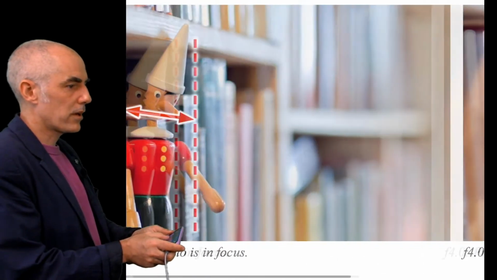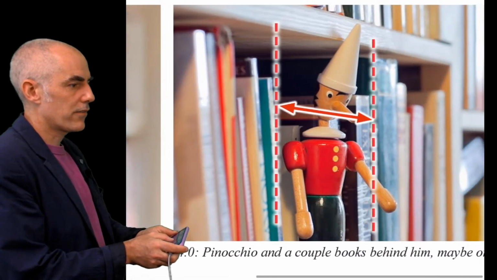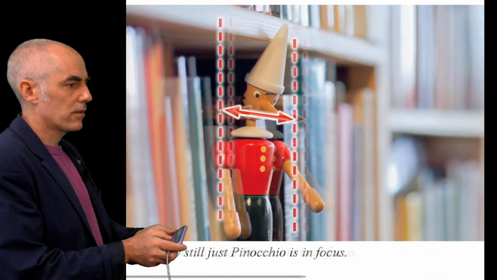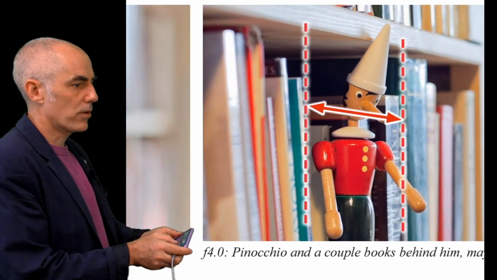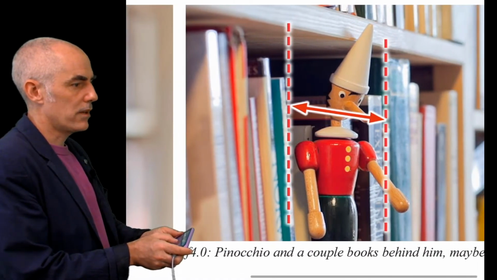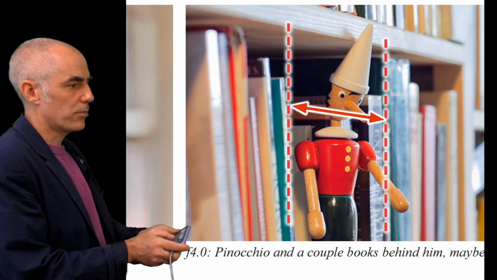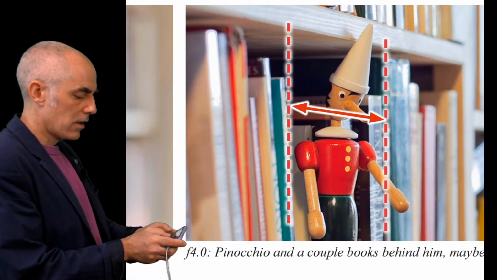Everything is super, super out of focus there. Here, if I look at those foreground books, they're a little sharper in f4. I can start to read the edge of the book right behind Pinocchio. That's f4.